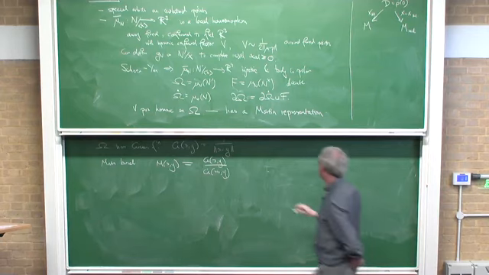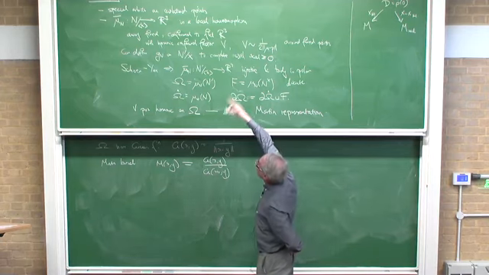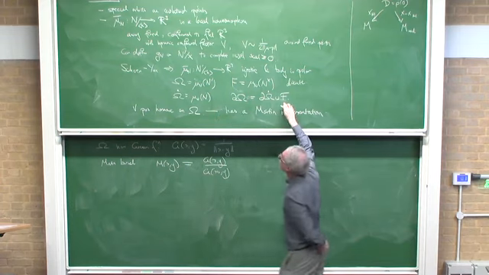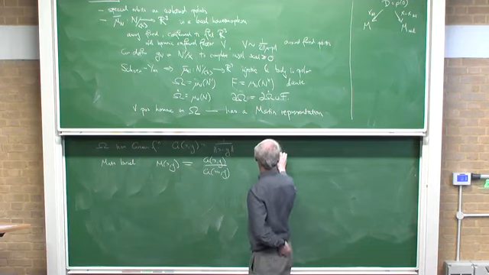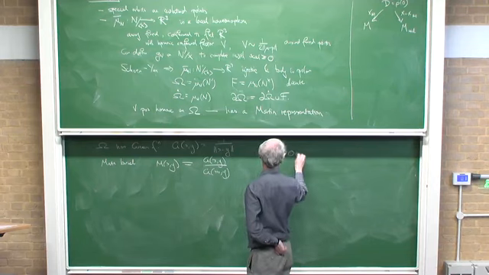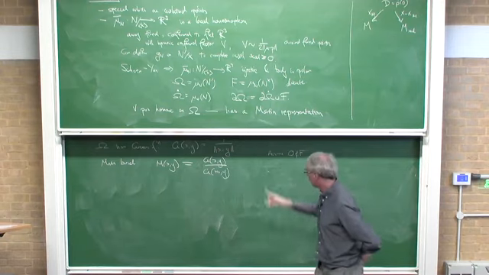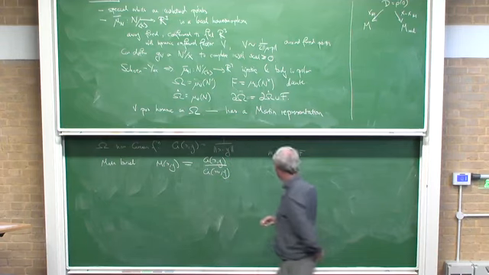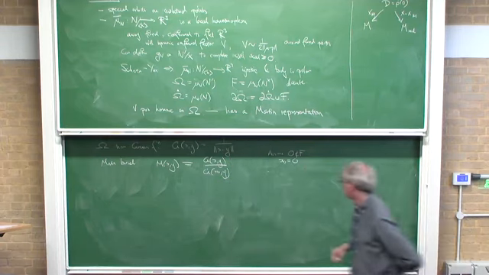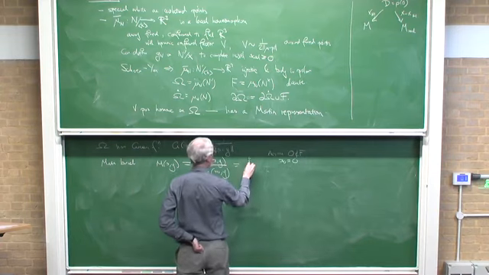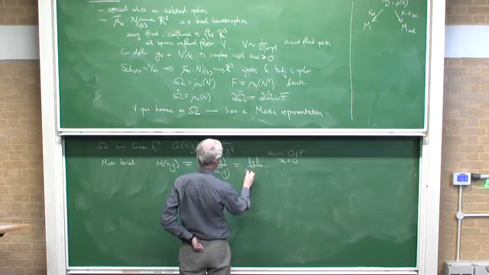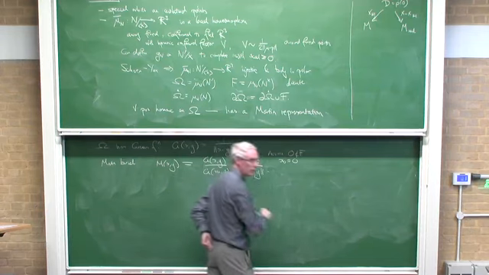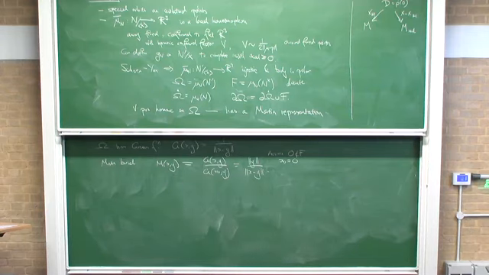We can add a constant to our moment map, so we can assume that 0 is not in F. So what do we get? I choose x0 to be 0, and then this ratio of functions is nothing but y over x minus y. So this is all nice and concrete.